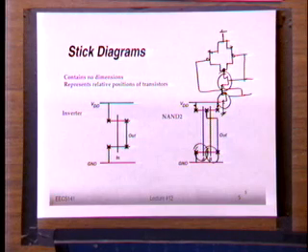So before you open Cadence and start doing things, you might want to first draw a couple of these stick diagrams to see what's the best configuration of inputs and what's the best routing. Okay?